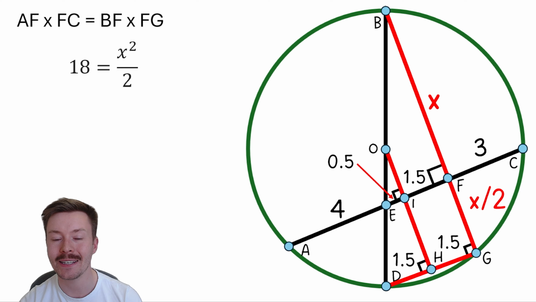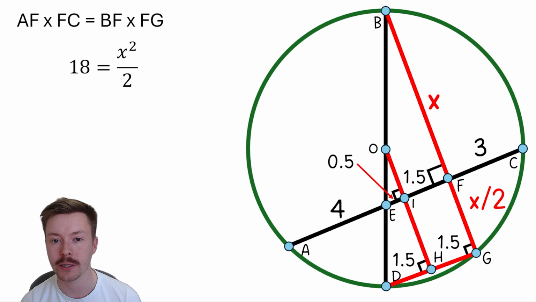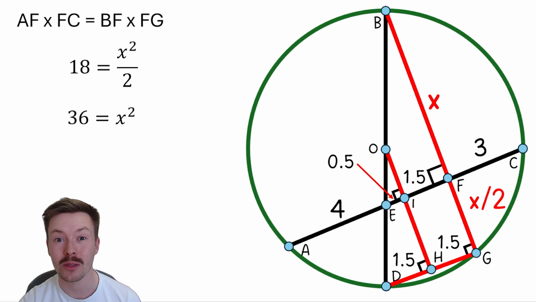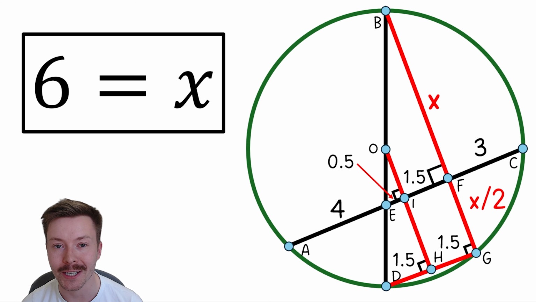Simplifying that, we get 18 is equal to X squared over 2, because X times X is X squared over 2. Times both sides here by 2, and we get 36 is equal to X squared. And then square root, and we get an answer of 6. Obviously can't be negative 6 because it's a length, so it has to be positive.